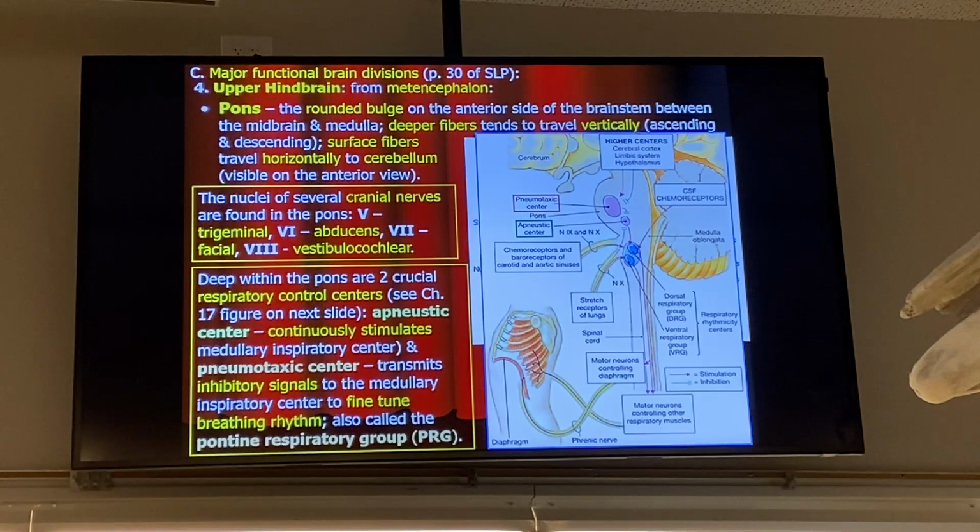And if students are not actively engaged, they're going to confuse it and get the Scantron question wrong. You have to keep it straight. This is the RCC in the pons. And they work together with the RRC in the medulla.